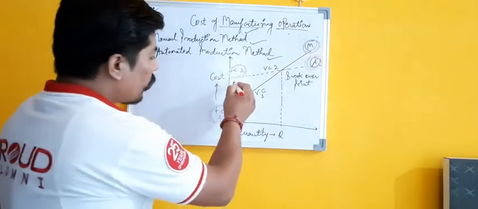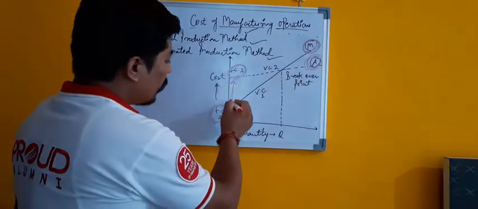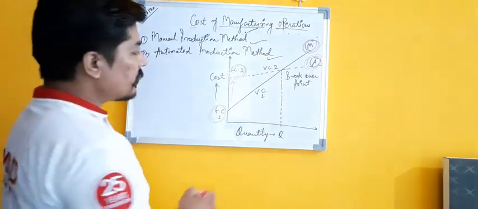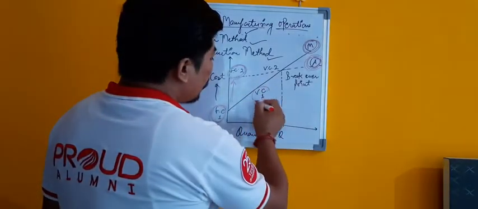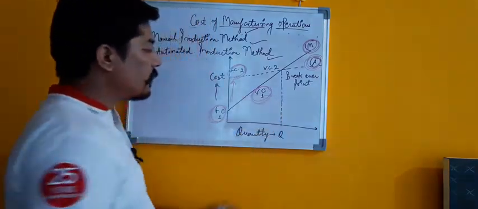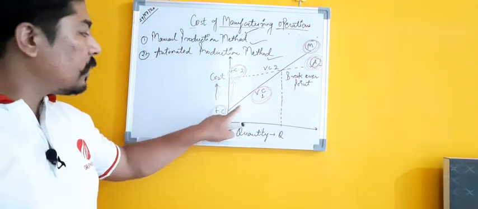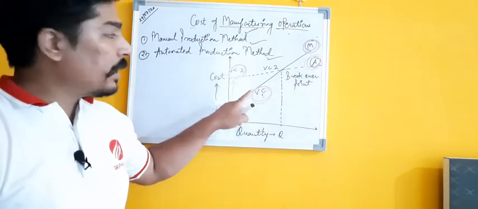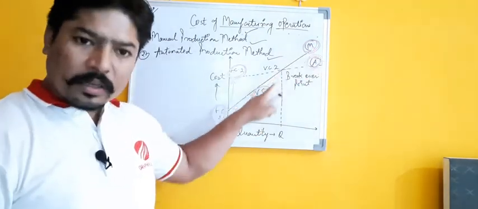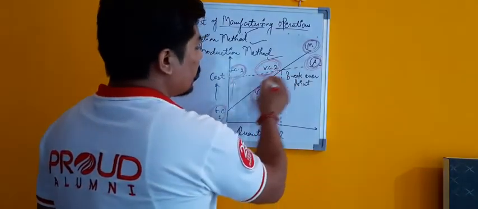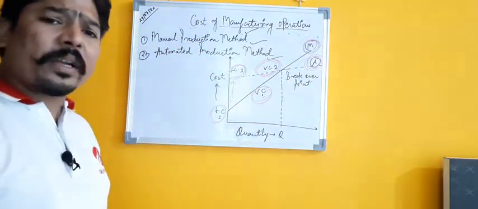It means the fixed cost for the automated production system will be quite higher compared to the manual production system. But at the same time, the variable cost, VC1, which is associated with your manual production method, is quite high compared to the variable cost associated with your automated production method.